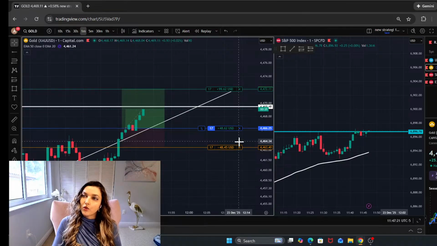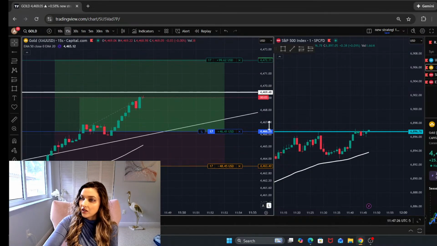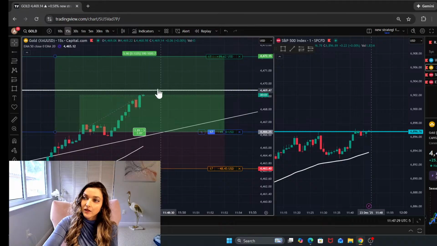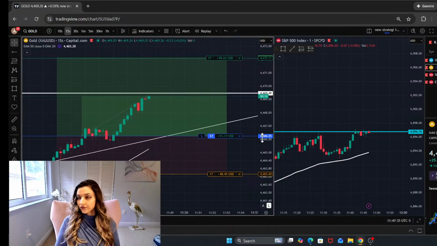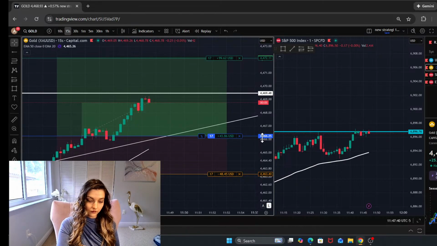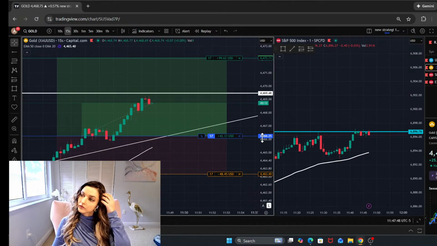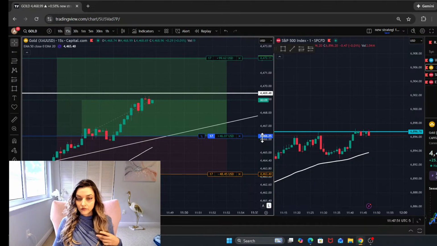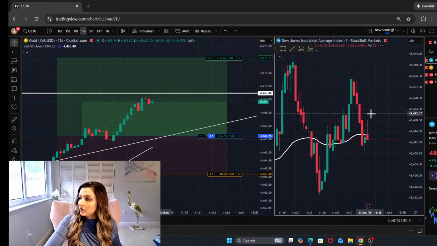Here we go, it's approaching the white line. So let's see what it's doing on 15 seconds. Because if I see something around here in 15 seconds, I might just exit. Let's see.